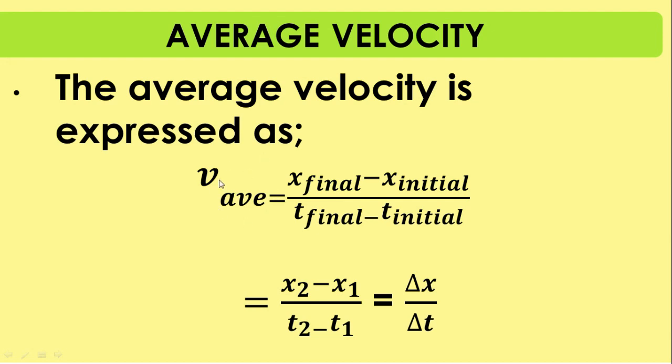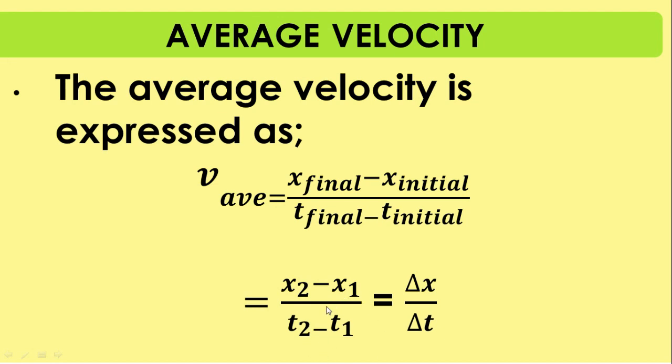Now, the average velocity is equal to final position minus initial position over final time minus initial time. Or also, we can denote the average velocity formula as x sub 2 minus x sub 1 over t sub 2 minus t sub 1.